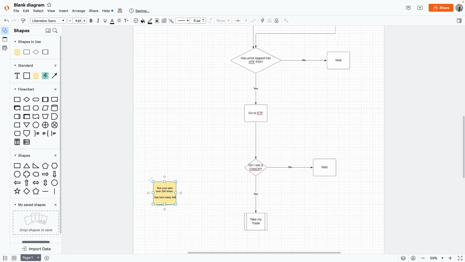See how many times following the plan gets you the desired result compared to how many times it doesn't get you the result. At that point, you'll know exactly if the plan actually works or not. That's what I'm going to show y'all how to do once you create your plan.